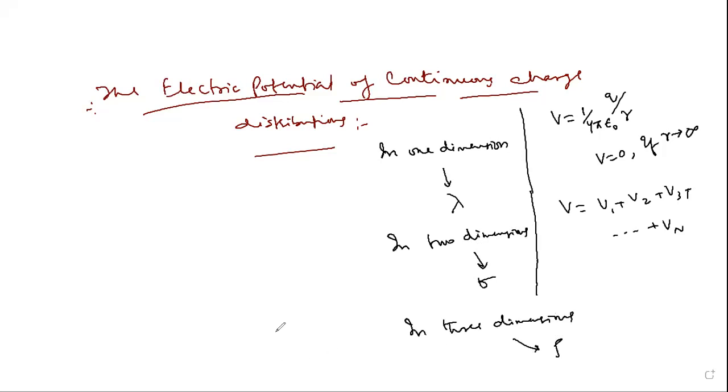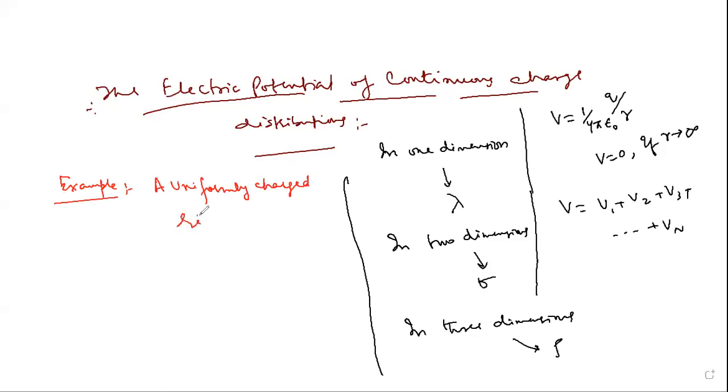Now I will give you a simple example, that is a ring of charge. So the example which we discuss here is a uniformly charged ring of charge, right?